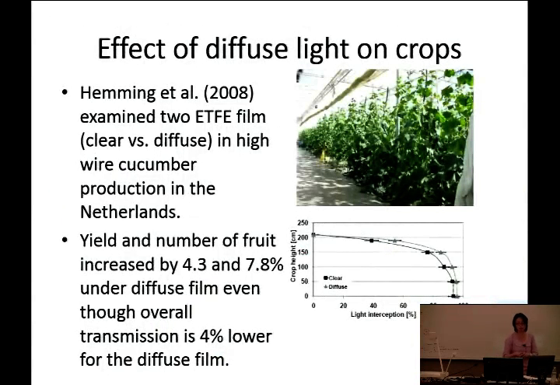Actually, a lot of studies in Asian and European countries tested diffuse versus non-diffuse glazing, and many studies prove that yes, it works and increases yield, by a very small percentage, 4% to 7%, because those countries already have plenty of diffuse light in the incident light. So converting a very small portion of direct light to diffuse light has very little impact, right?